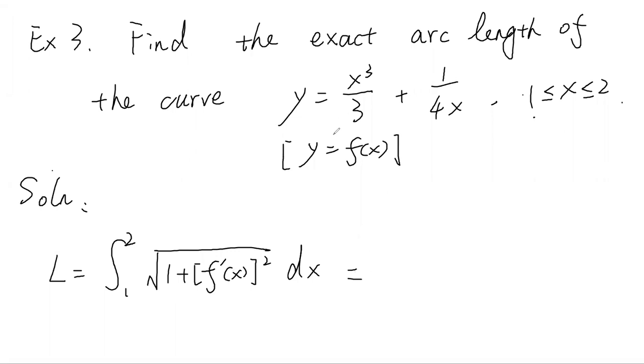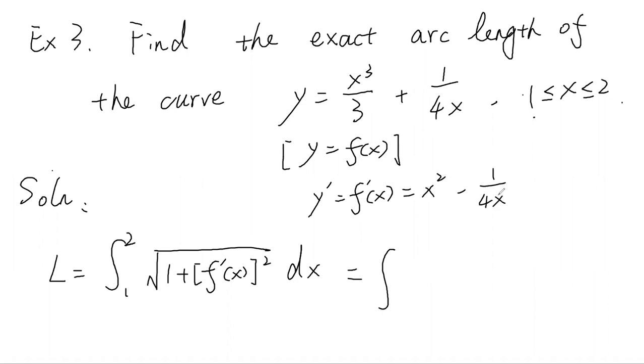And then y is equal to x cubed divided by 3 plus 1 over 4x. So y prime, or f prime of x, is equal to x cubed minus 1 over 4x.